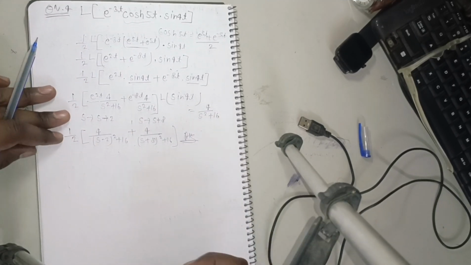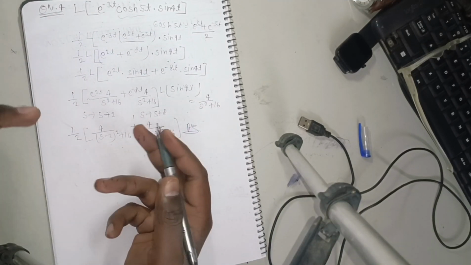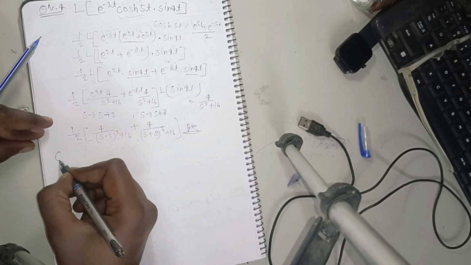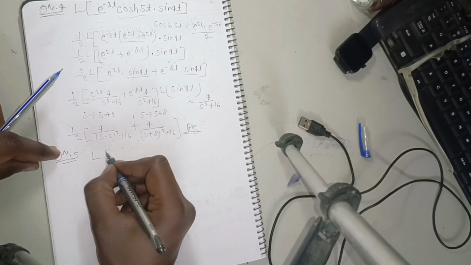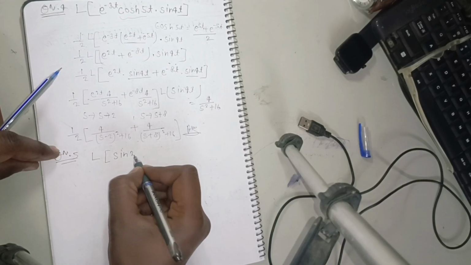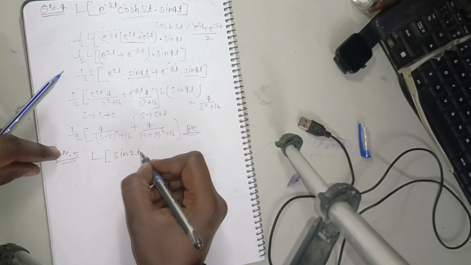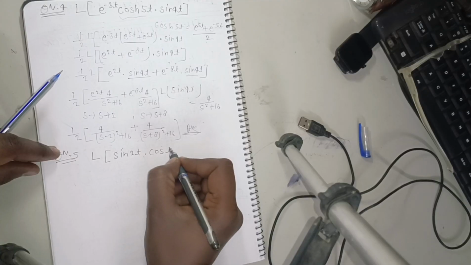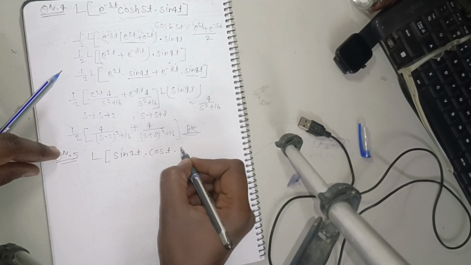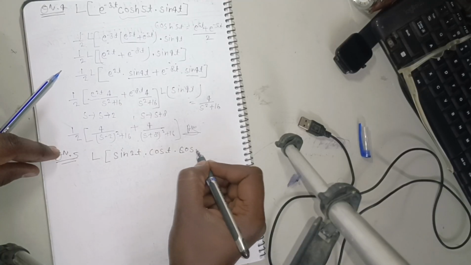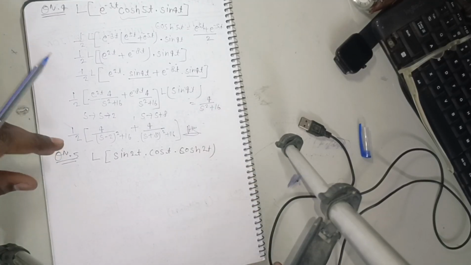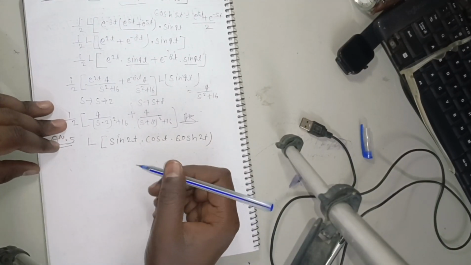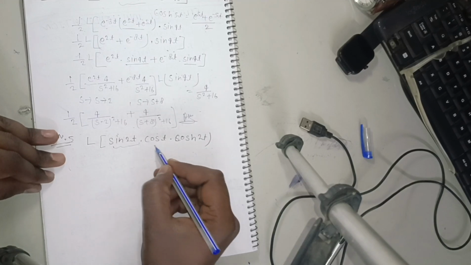Okay, so now for the next question I will just help you orally with how we can solve it. Question number 5 is Laplace of sine 2t into cos t into cos hyperbolic 2t. What can we do here?